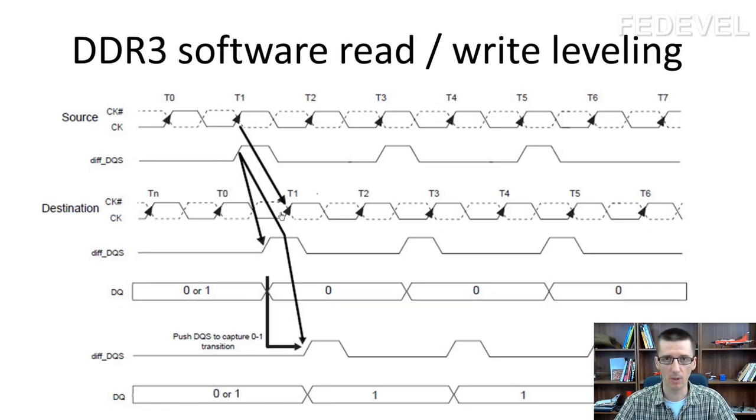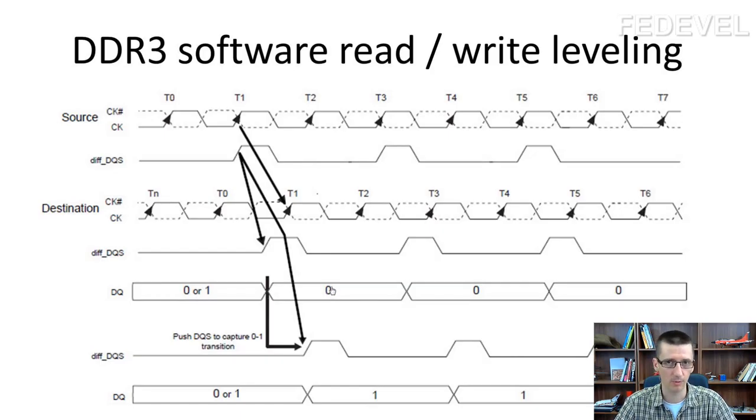In the special mode, the memory chip will put on the data lines, on the data bus, the value of the clock at the time when DQS arrives. See, at this time clock was 0, so on the data lines there is 0.